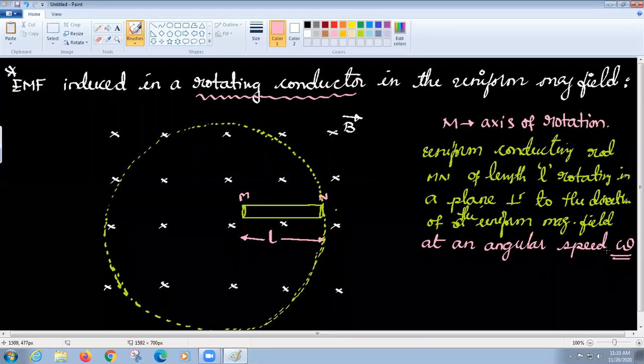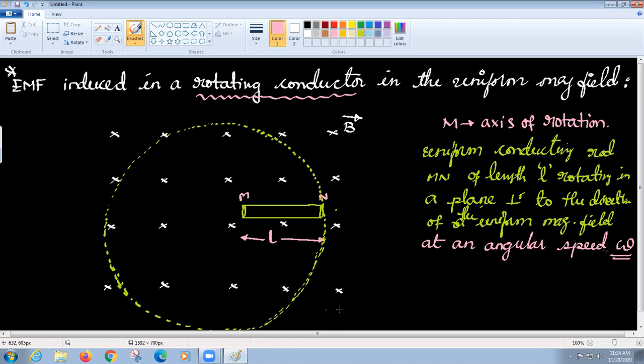When you are moving in circular motion, it's decent to take angular speed rather than linear speed. I think you might have learned this in your first year, angular speed and linear speed. We can also associate a link between them.